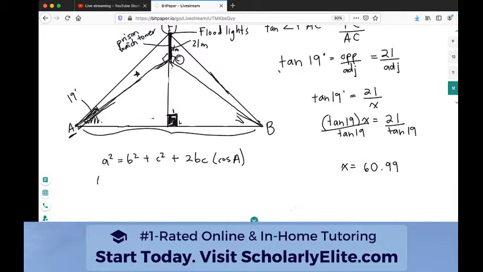So I'm going to create a little chart here, my little legend. A equals side length AB. B is side length AC, this one. C is side length CB or BC, whatever you want to call it.